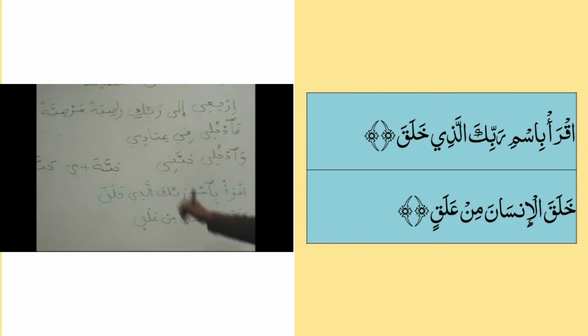Allazi khalaqa. Are you with me? So Allazi will become your na'at. Na'at for what? Where is the man'ut? Rabbi. So when we do complete analysis, then you will say Allazi is majrur. Why is it majrur? Because the man'ut is majrur. And there is a special way of expression for grammar we are going to learn later on, inshallah.